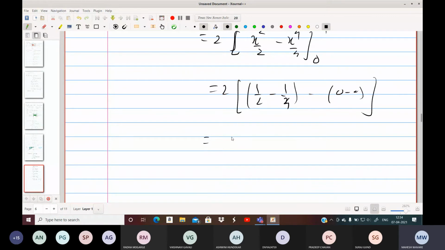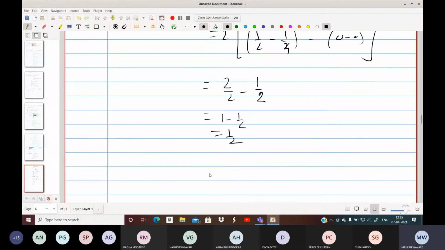So what does it come to? No, it comes 2 times 1 by 2 minus 1 by 4, that's a kind of subtraction. 1 minus 1 by 2, it is 1 by 2. Okay, it is 1 upon 2. I thought it could be 1.